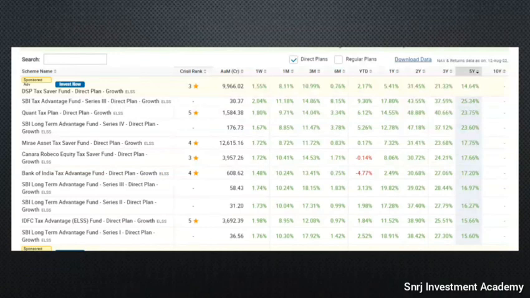And if I find the Axis performance is not up to the mark for the incoming 1 or 2 years also, then I will consider switching the fund. So currently I am going for Mirae Asset, and the Quant fund is also very good, and you can do the comparison and do your own analysis. And if you find that the fund is worth considering for investment, then you can go for that.